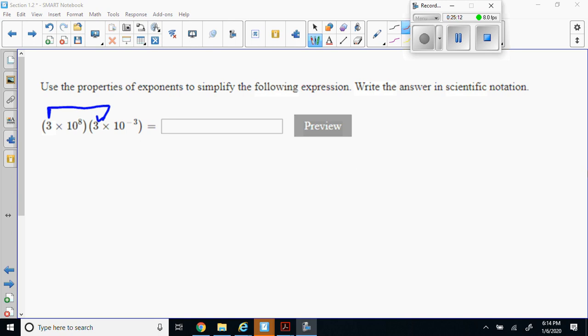If it's not, then tell me what the name of that term is, because there's a mathematical term. So this is really 3 times 3 times 10 to the... when you're multiplying like bases, what do you do to their exponents? You add. With me on that? Okay. Now, what's 3 times 3? 9. Is that 9 already in scientific notation?